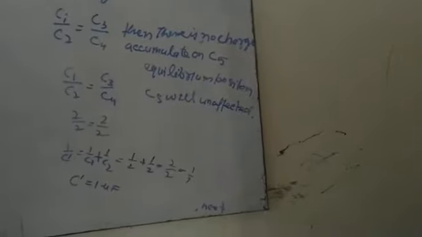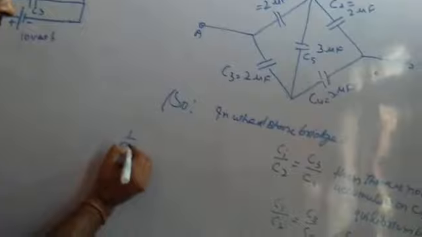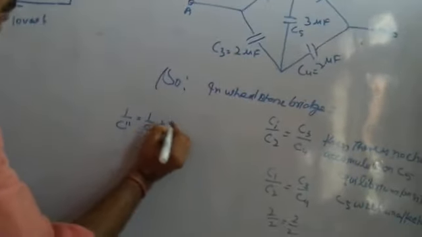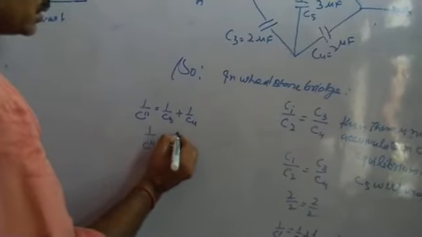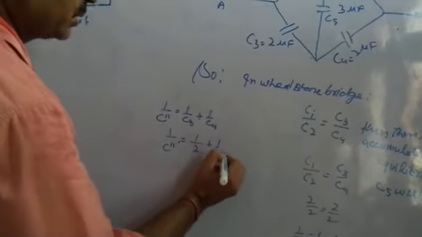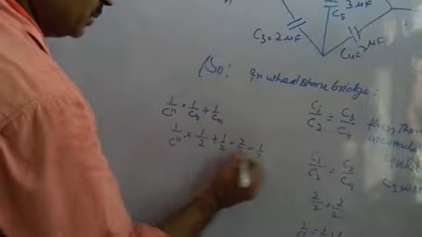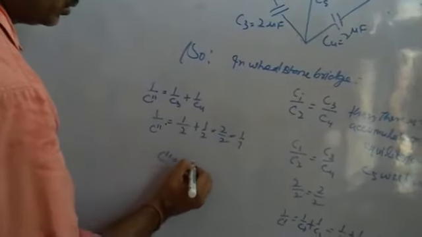Now come on this type. 1 by C double dash equal to 1 by C3 plus 1 by C4. These are also in series. 1 by 2 plus 1 by 2, 2 by 2, 1 by 1, C double dash equal to 1 microfarad.